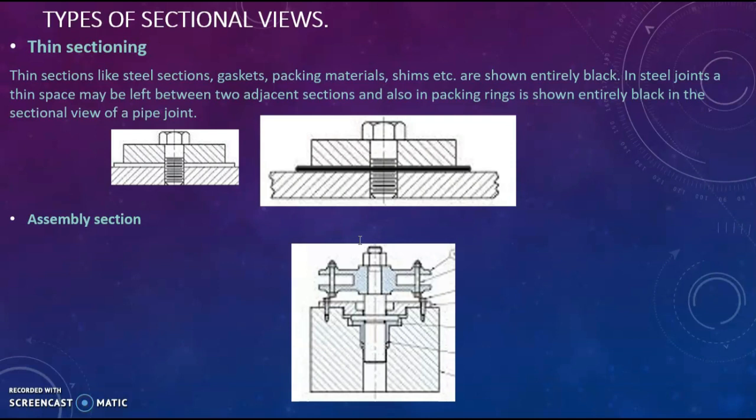These gaps are too small to be sectioned. For this reason, we section this part black. In our journey of technical drawing, you get to meet some joints of steel and others which have a thin space in between them, which cannot be sectioned. For this reason, we shade that place entirely black.